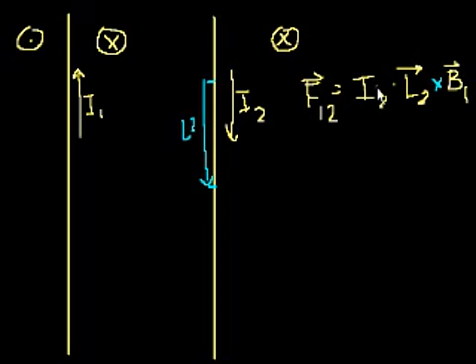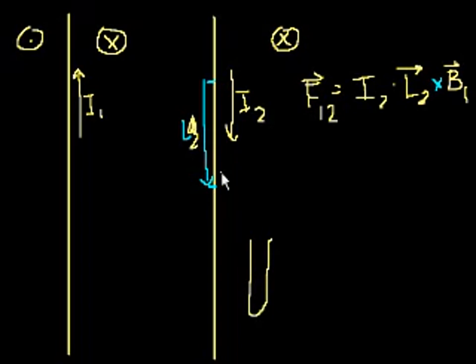It always seems pretty complicated, but you can just take your right hand rule and figure out the direction. So we put our index finger in the direction of L2.